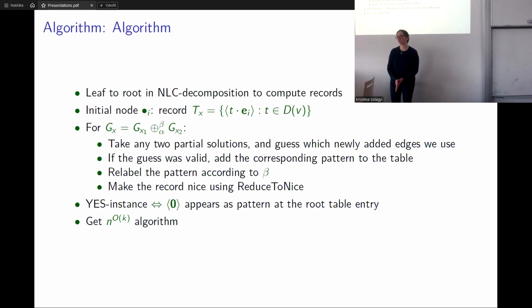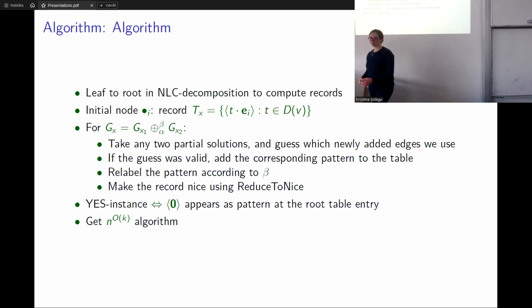It is very easy to compute its record, because the record will be a set that will consist of vectors that will just have any allowed degree at this coordinate I. And this is the part that deals with the fact that for each vertex we can choose any of its allowed degrees.